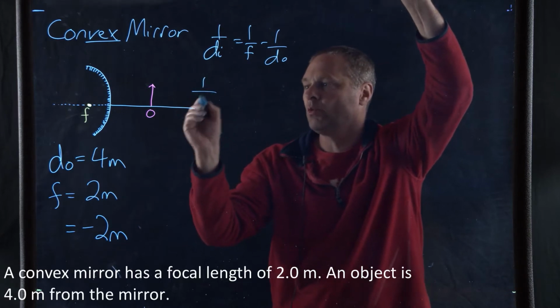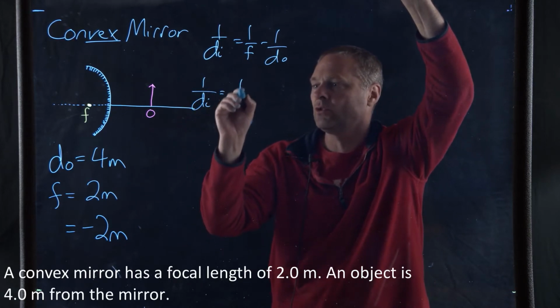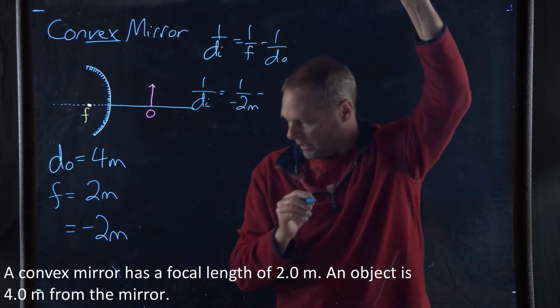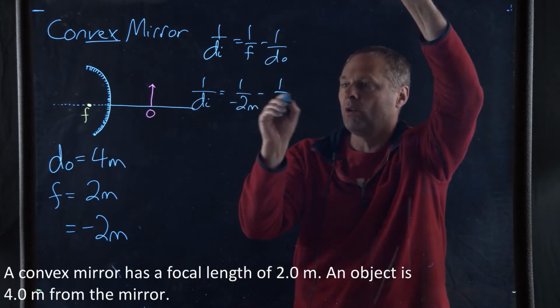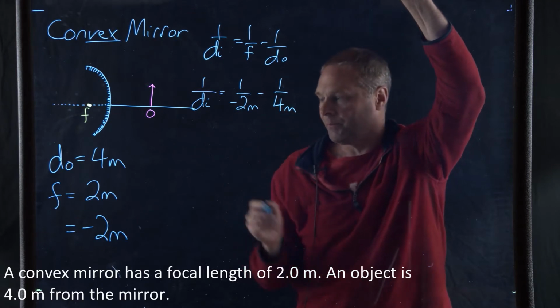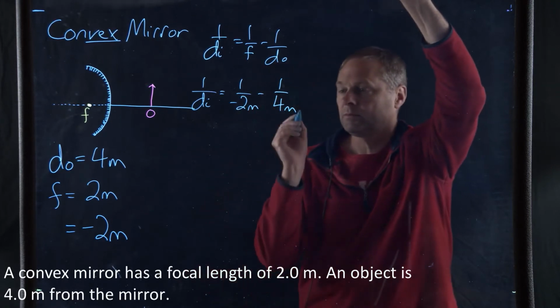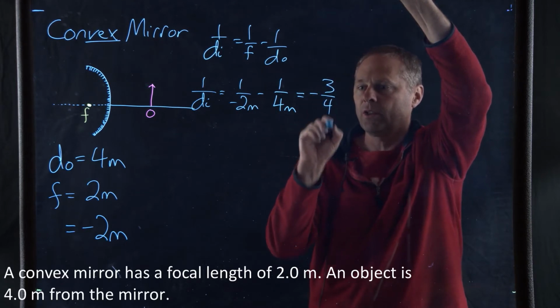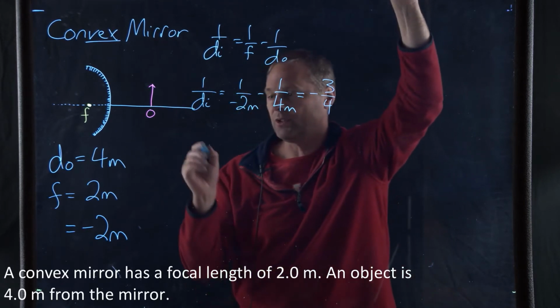Now, this becomes 1 over the distance of the image is equal to 1 over a negative 2 meters minus 1 over 4 meters. This is equal to a negative 3/4.